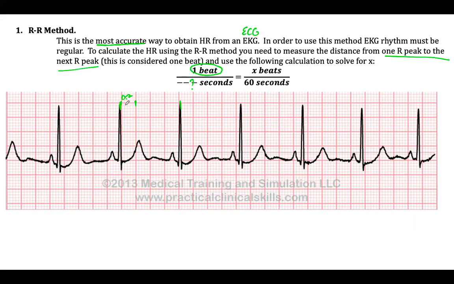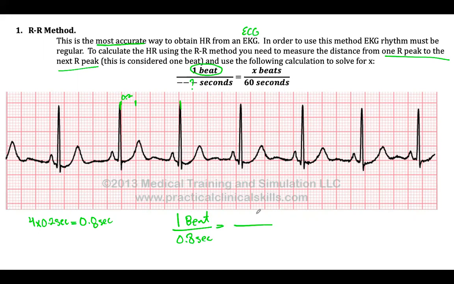And I have 1 box, 2, 3, and 4 boxes. So 4 of these boxes, each of them 0.2 seconds, so my R to R peak is 0.8 seconds. Basically, one beat took 0.8 seconds.